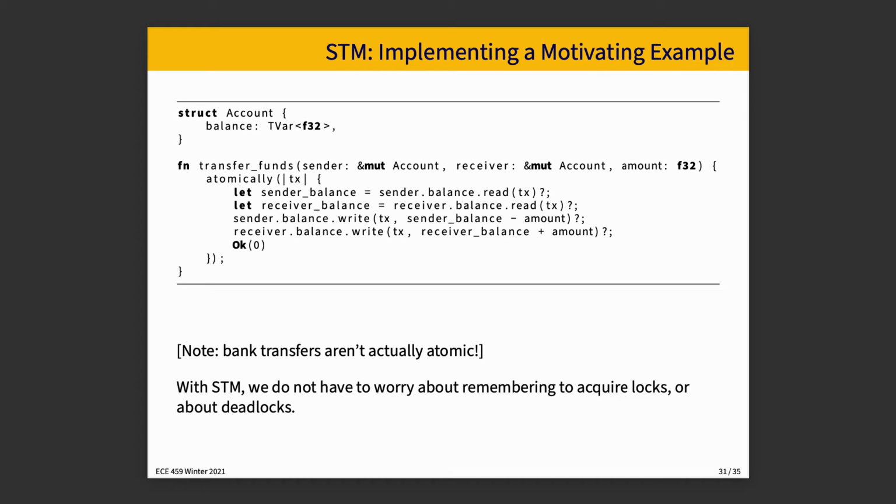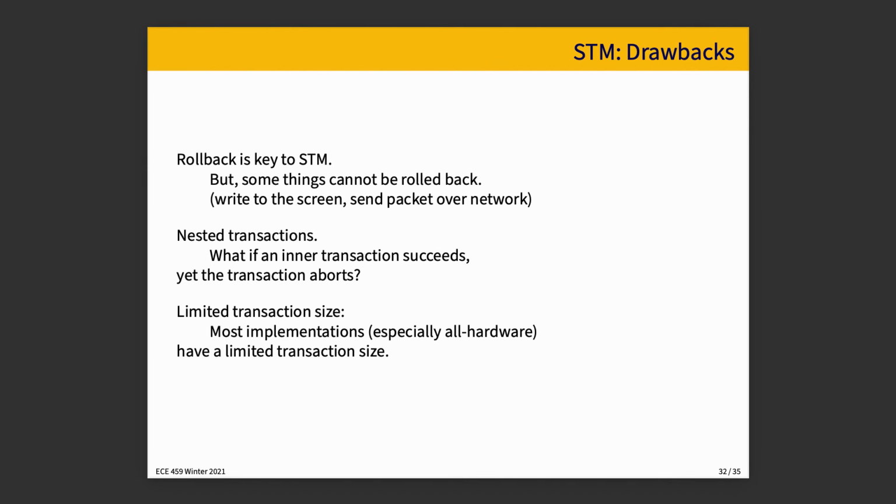That relieves some of our worries when writing this, and it saves us from having to think about whether we have a big global lock that serializes our program, or a different lock for every account where we risk deadlocks or have a lot of overhead. All that is avoided. The thing is that rollback is the key strategy here if something goes wrong.